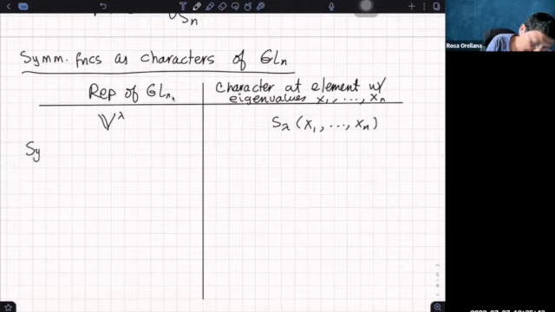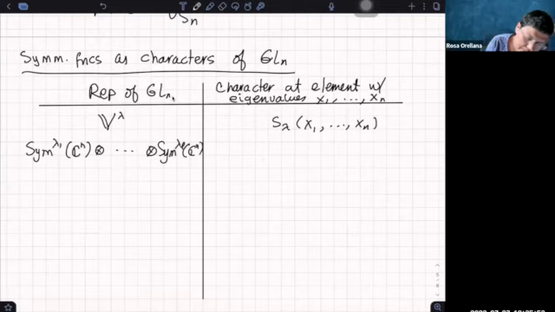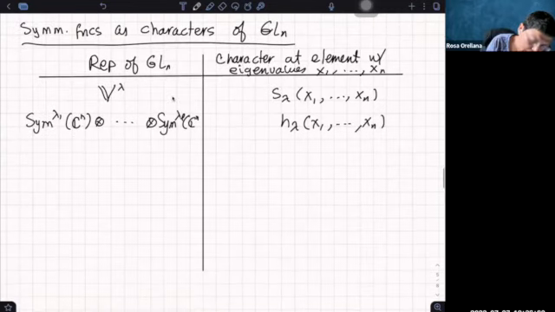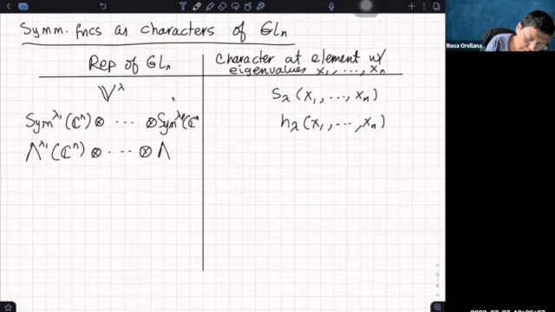If you look at the symmetric tensors, Sym lambda 1 Cn tensor through Sym lambda L Cn, then the characters are the homogeneous symmetric functions. If you look at the exterior powers, lambda 1 Cn tensor lambda L Cn, you get the elementary symmetric functions.